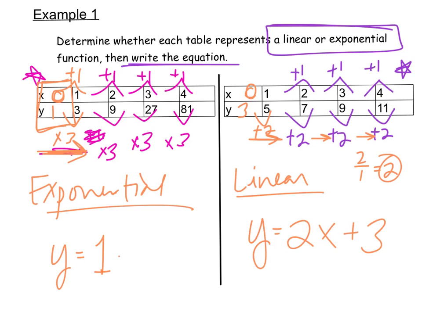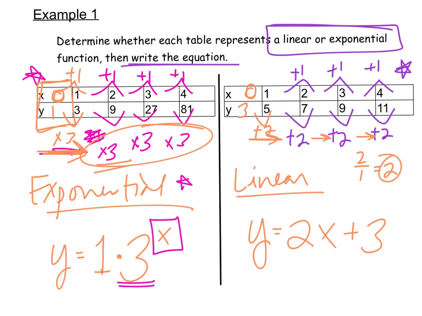So it'd be a 1 times, and then our base is going to be a 3, and our exponent will be an x. So whatever you multiply is going to be your base, and x is always our exponent with exponential functions. A is your y-intercept.